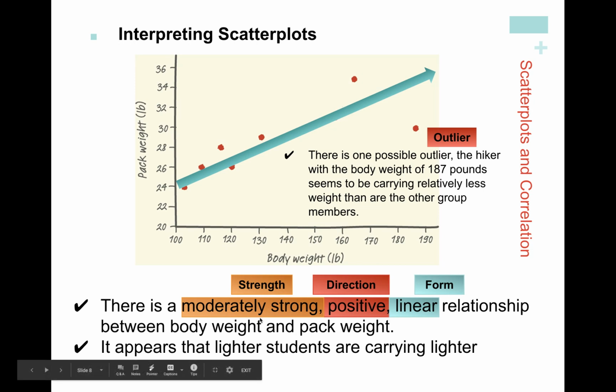All we could say is moderately strong. Well, now we have a mathematical way of measuring exactly how strong the linear relationship is. Can you think about what kind of elements that mathematical model would have in it?